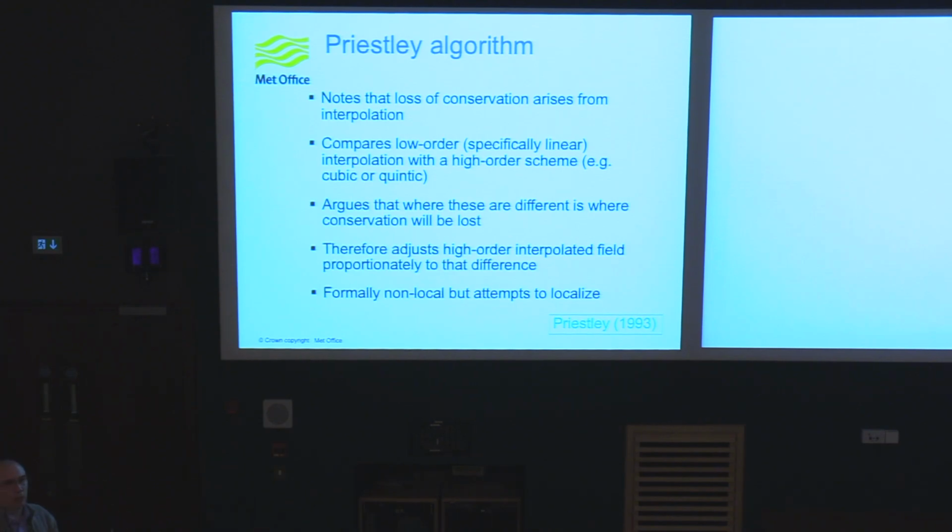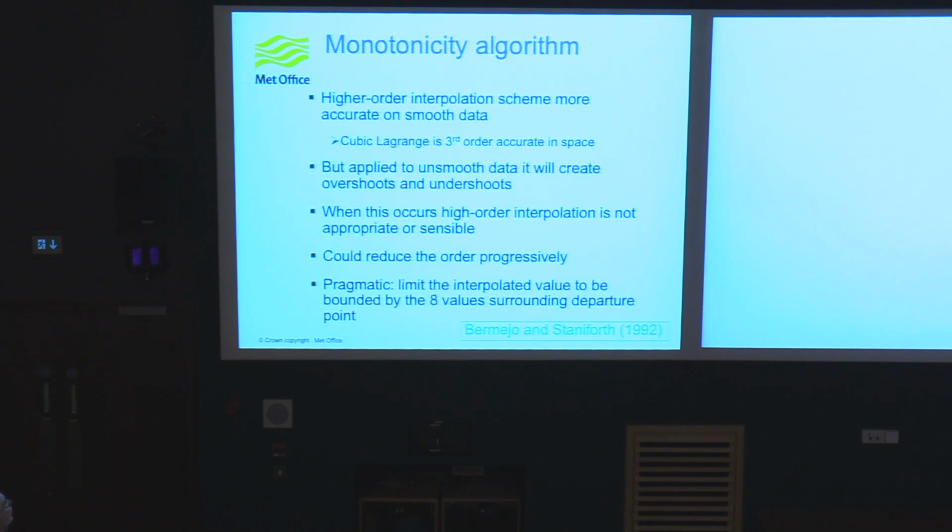Then we add all of that up over the globe, and we fix the constant of proportionality to make sure that we conserve the mass. So it's a non-local scheme that tries to make it as local as possible. So that's the Priestley scheme for conservation. And then the other thing I mentioned is the Bermejo-Staniforth scheme for monotonicity.